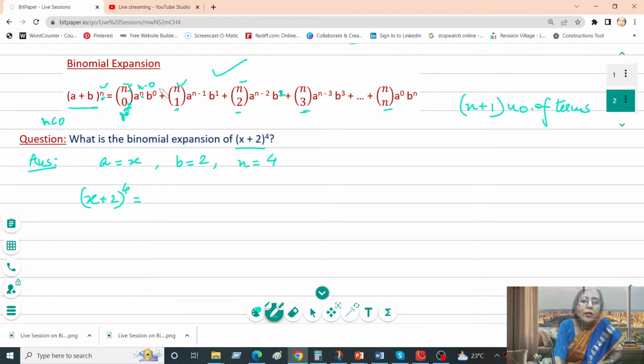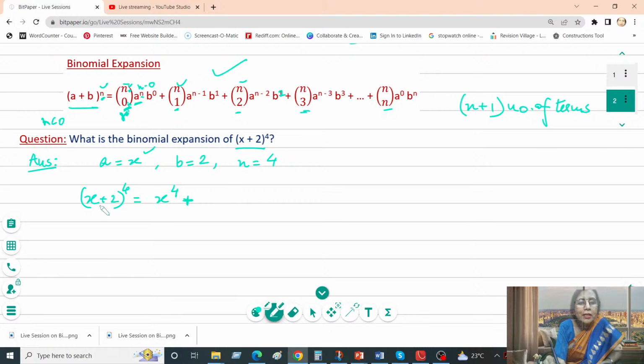B to the power of 0 is also not written explicitly. The only term visible as the first term is a to the power of n, and a is equal to x in our case. So x raised to the power of n, or n equal to 4, that is x raised to the power of 4. Plus, because it is x plus 2, we will be having a plus sign connecting all the terms every time.